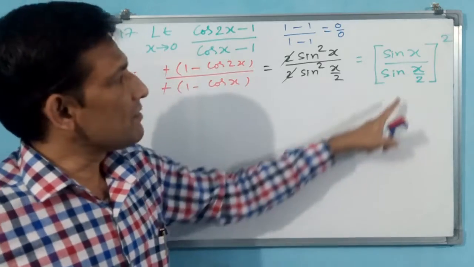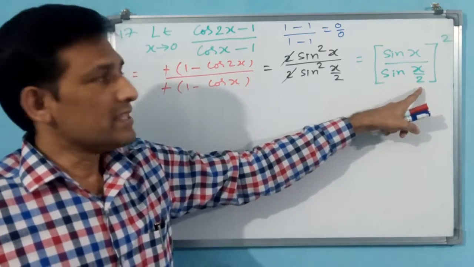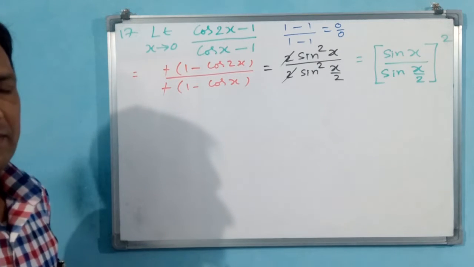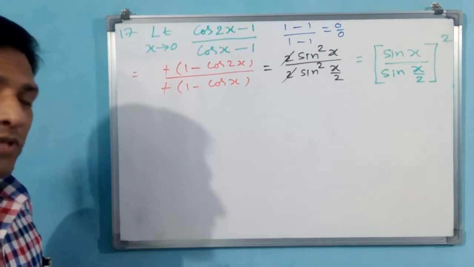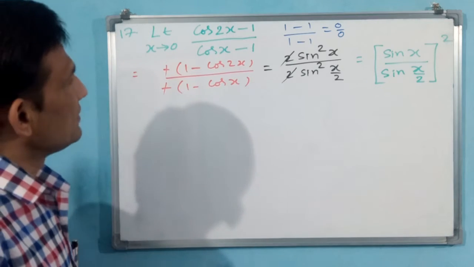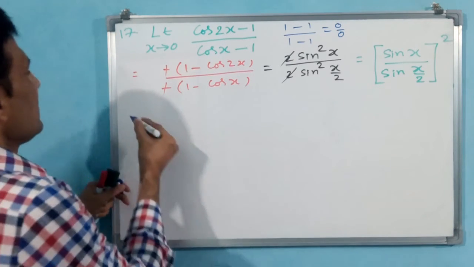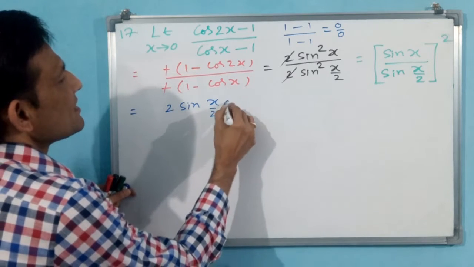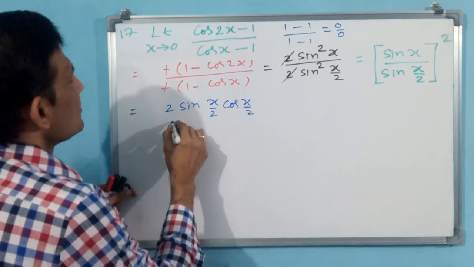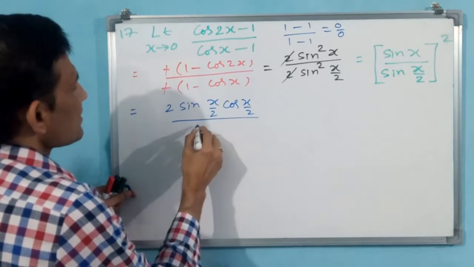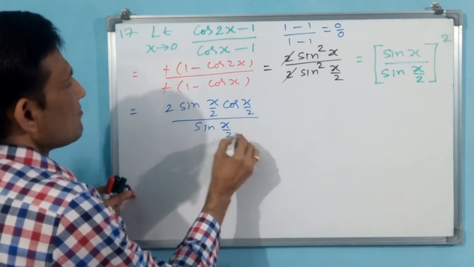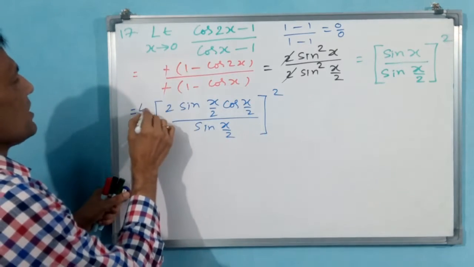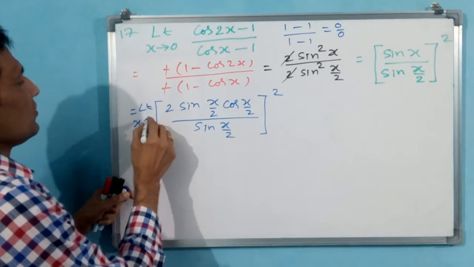Now what is the advantage? When a half angle is there, you also have to make this in half angle. Sin 2a is 2 sin a cos a, so sin x is 2 sin x by 2 cos x by 2. Apply that formula. See what I have applied: 2 sin x by 2 cos x by 2, divided by sin x by 2 whole square, limit x tends to 0.